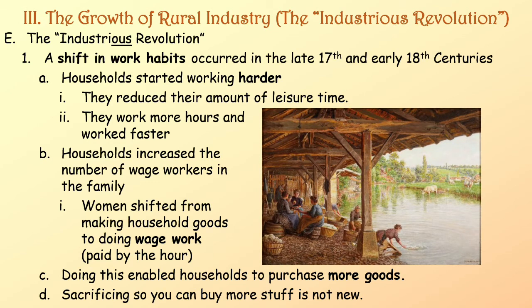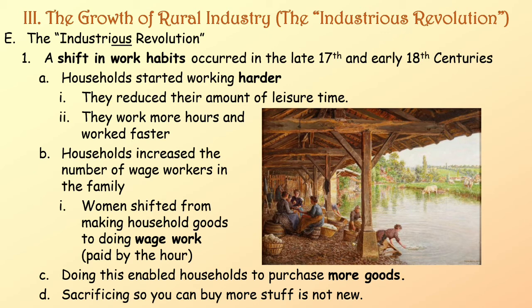The Industrious Revolution. What you have is a shift in work habits that occurred in the late 17th and early 18th centuries. Households started working harder. They reduced their amount of leisure time. They worked more hours and worked faster. Households increased the number of wage workers in the family.